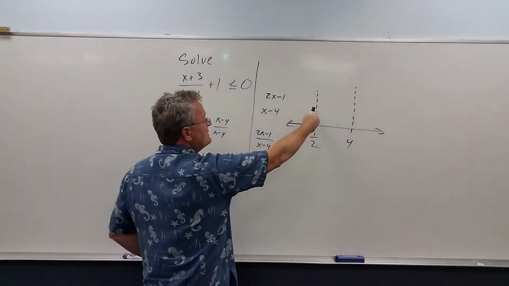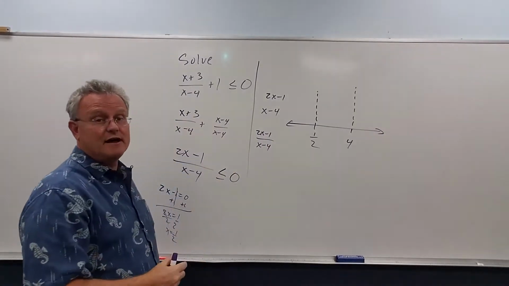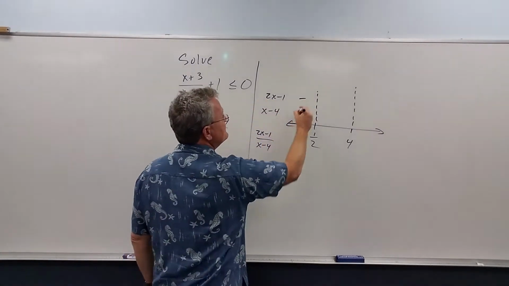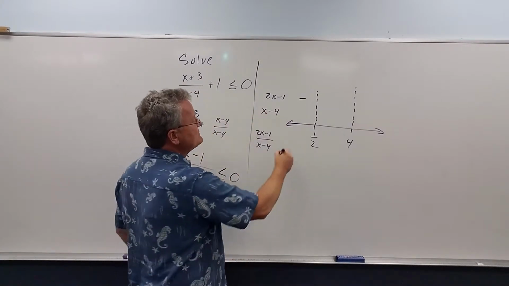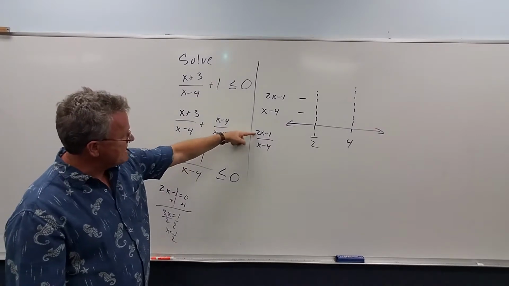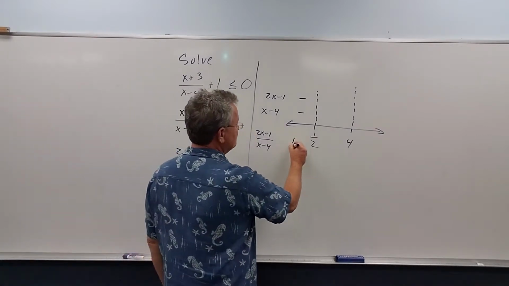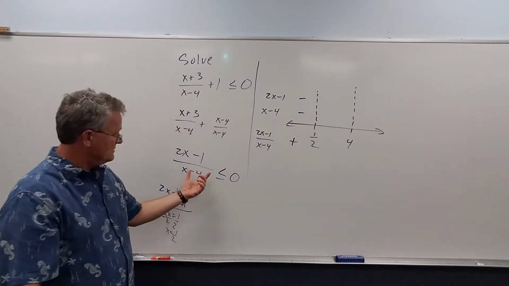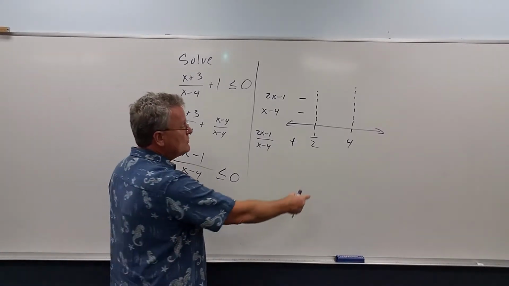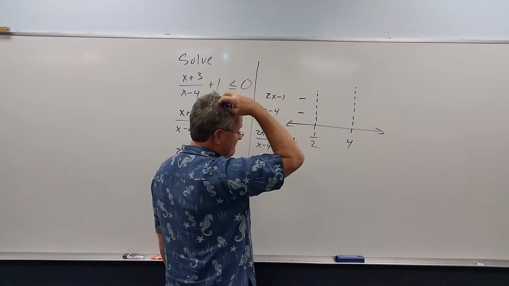Well, pick any number less than a half. I'm going to pick 0. 0 minus 1 is a negative. 0 minus 4 is a negative. A negative divided by a negative is a positive. So down here, the expression is greater than 0, not less than 0. What about between here and here? Pick any number.